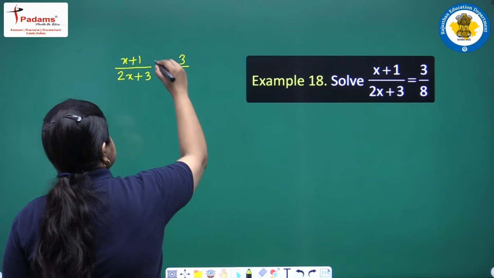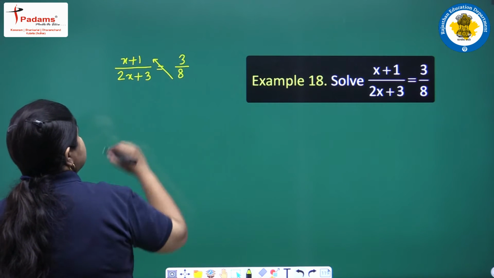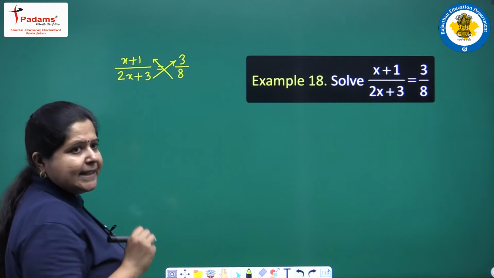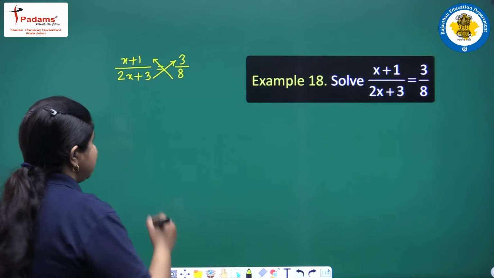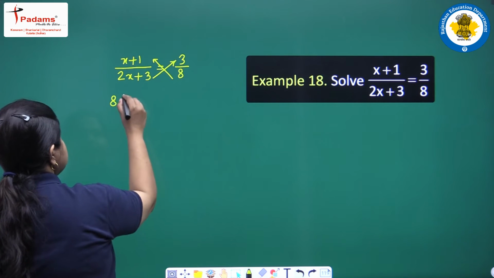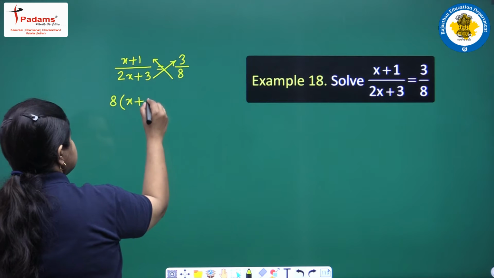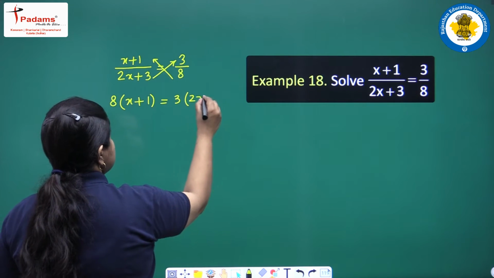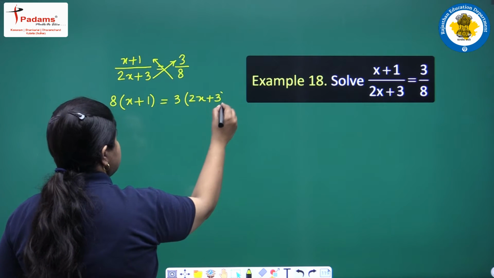This means this 8 will go upwards and this 2x plus 3 will go upwards in multiplication with 3. Let us do it. 8 into (x plus 1) is equal to 3 into (2x plus 3).